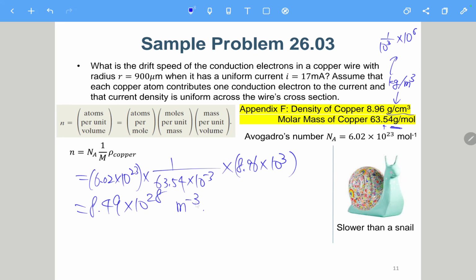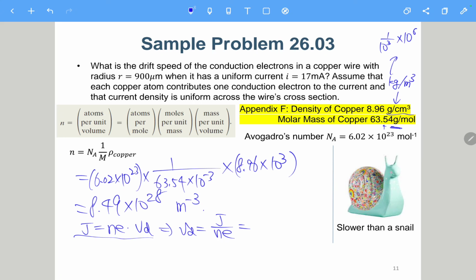Okay, so finally we can just make use of J equals nE times v_d. And of course we would like to use it as v_d equals J over nE.